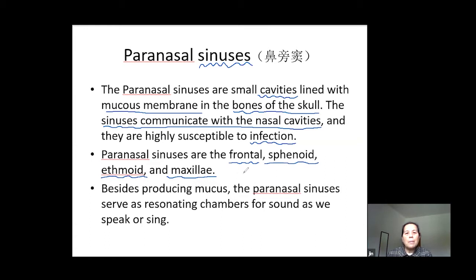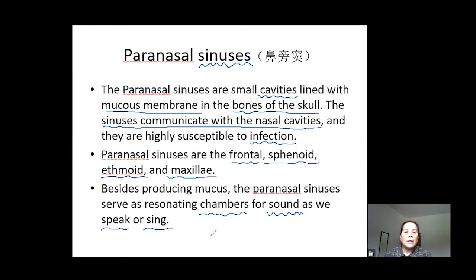So that's basically we say we have some sinuses. But what do they do? Why do we need sinuses? Basically, they work for the sounds, like speaking or singing. Because there is a big space in there, it makes sounds bigger.